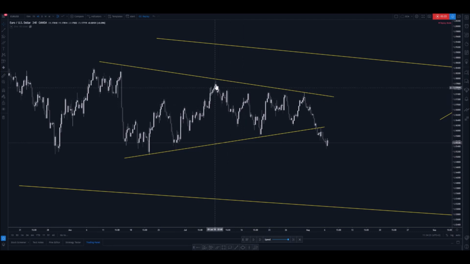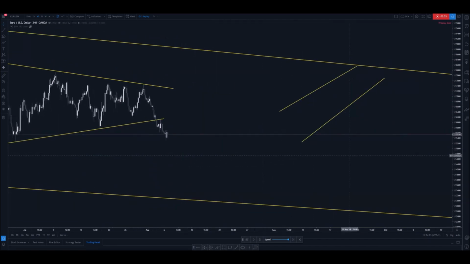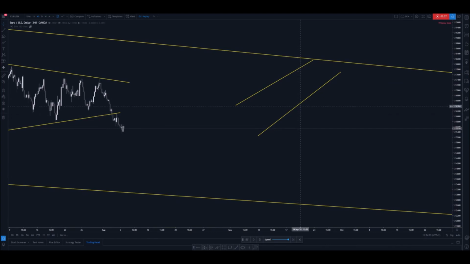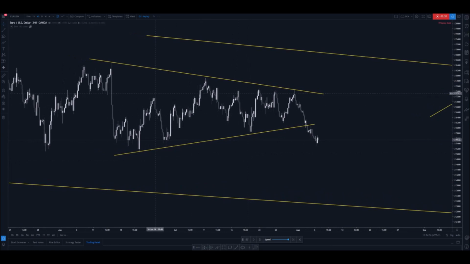Obviously the take profits will be within the pattern. With a structure like this, we can place a take profit outside just because we know that this pattern has a high probability of breaking to the downside. But because we have a zero bias towards this pattern, all our take profits will be within the pattern.